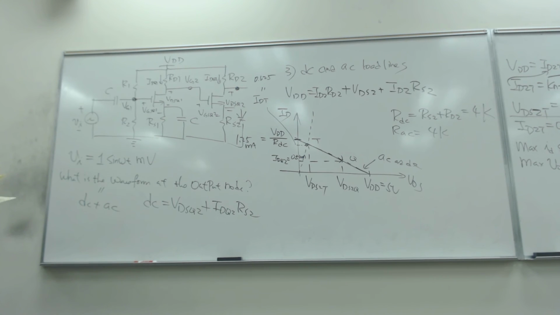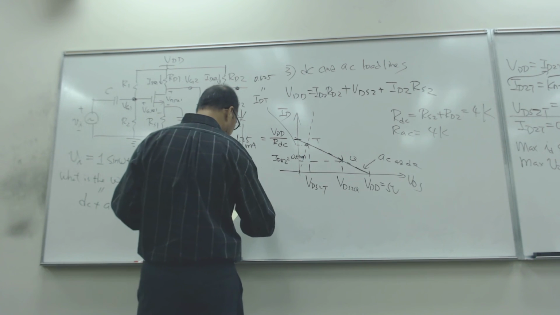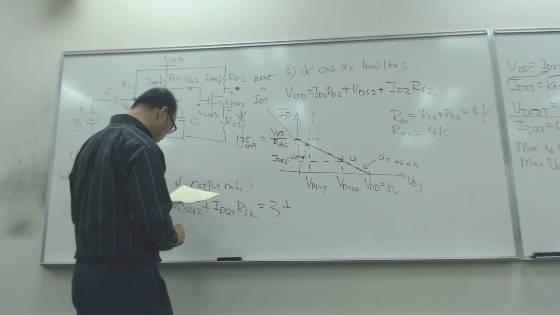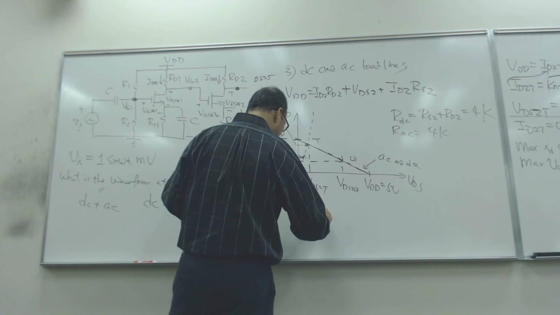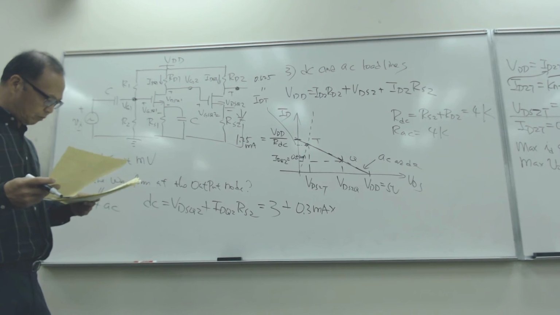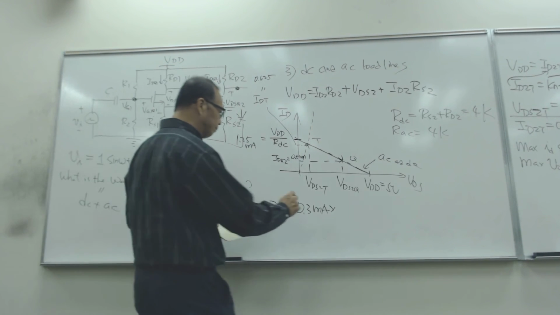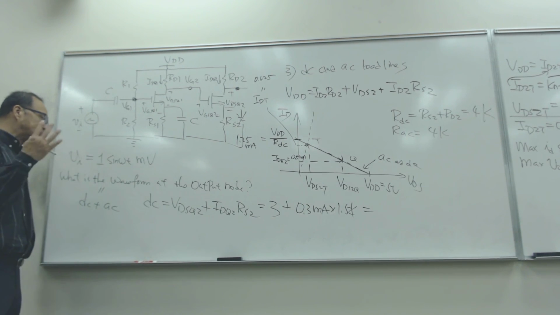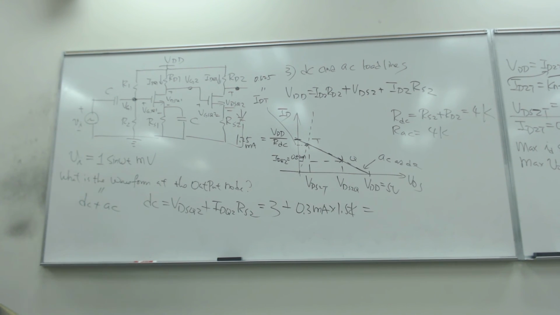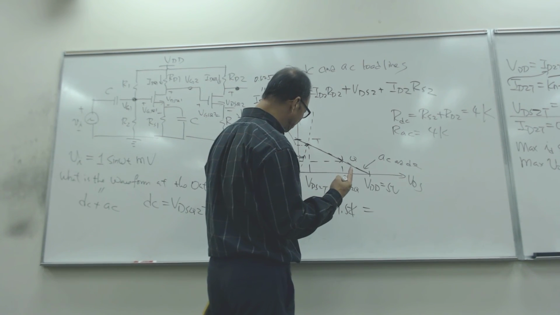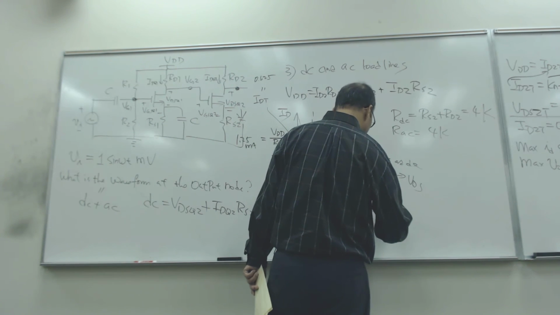Okay, now I need to find out what the numbers are. VDSQ2 is 3 volt, right? 3 plus IDQ2 was 0.3 milliamp times RS2. What was RS2? 1.5K. So therefore, the DC voltage at the output node is 3.45 volt.